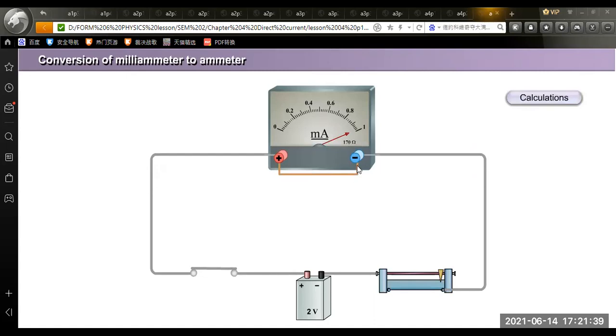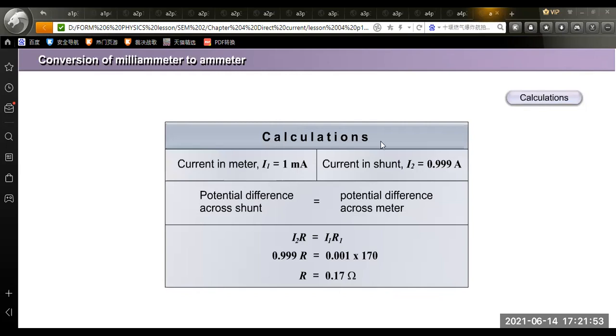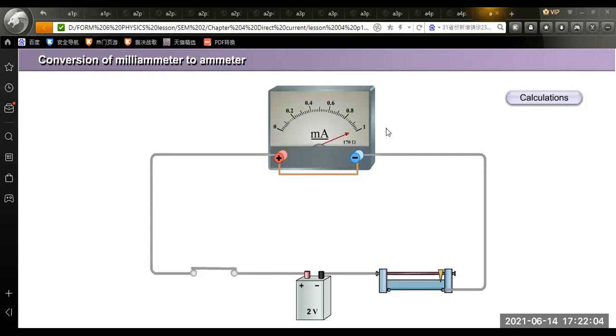The voltage across the shunt and the potential across the milliammeter will be equal. So that means I2 times R equals I1 times R1. I1, that means the maximum is 1 milliampere.